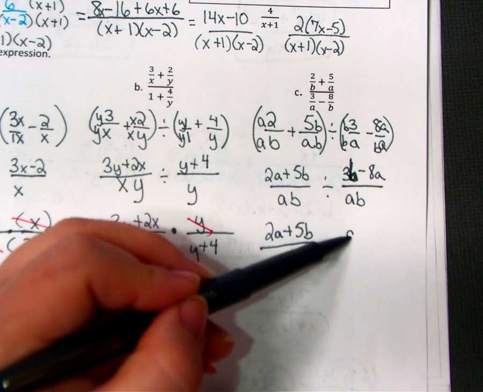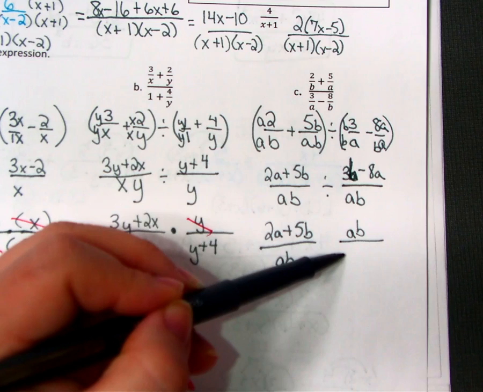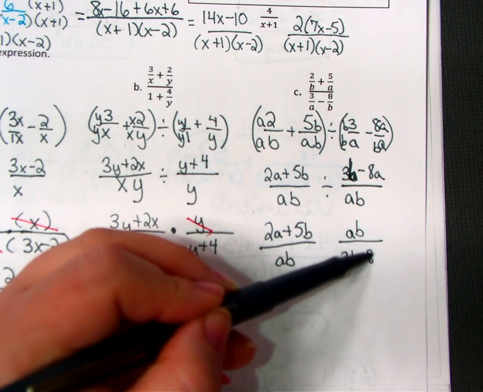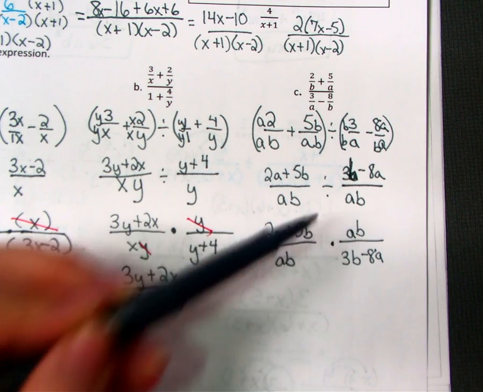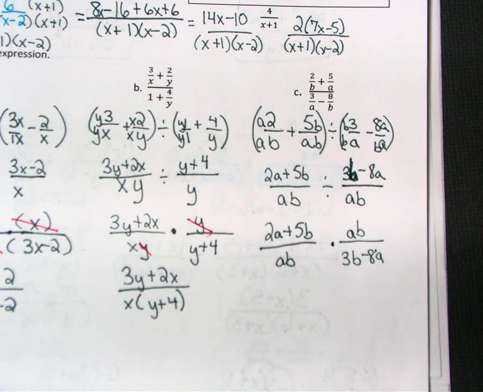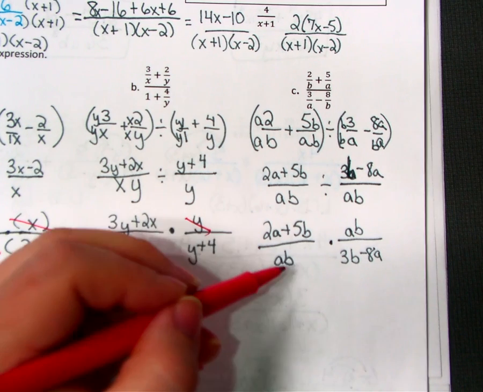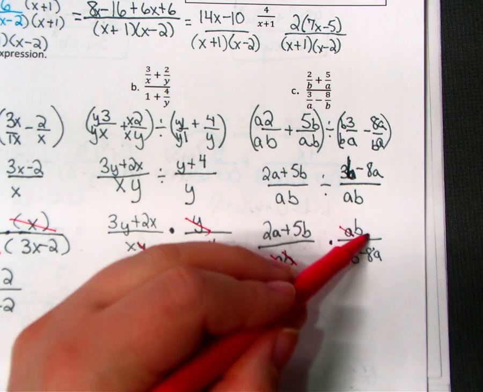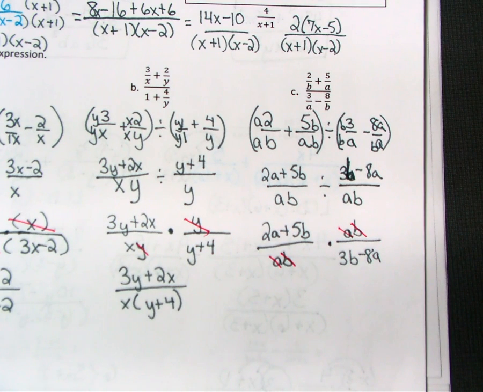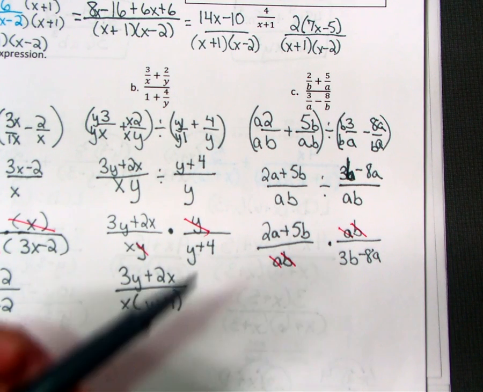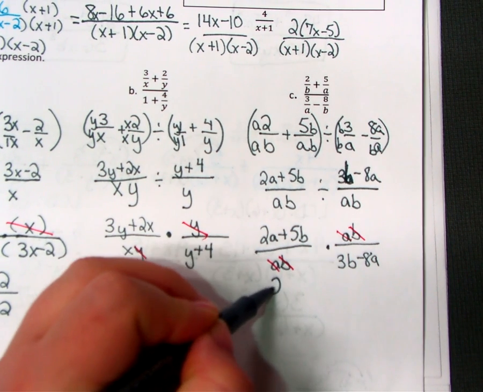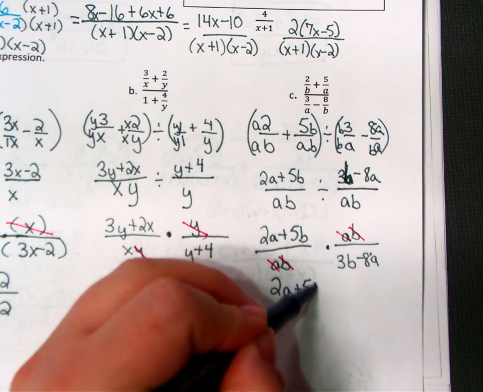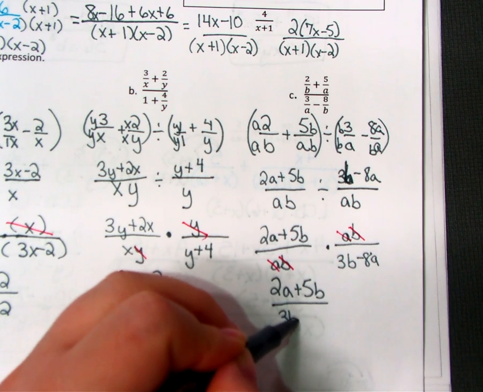Flip the second fraction. And we are multiplying. The A on top and the A on the bottom cancel. The B on top and the B on the bottom cancel. Leaving me with 2A plus 5B on top, 3B minus 8A on the bottom.